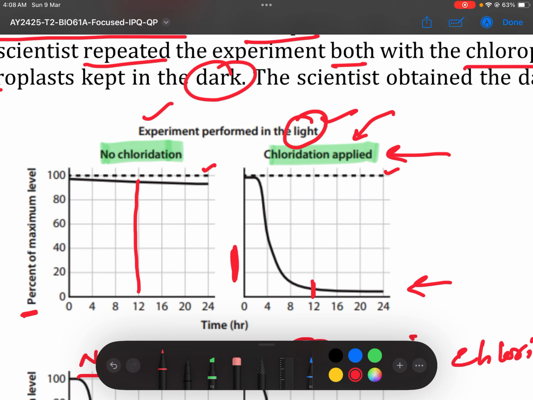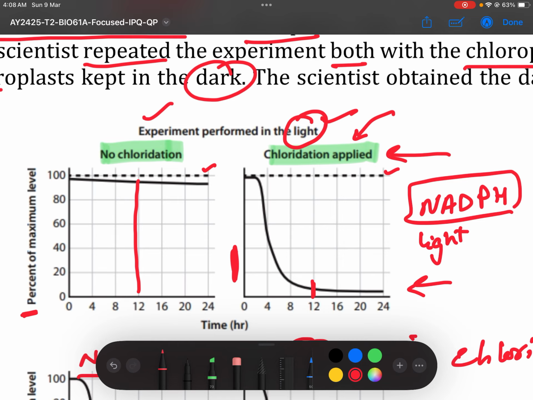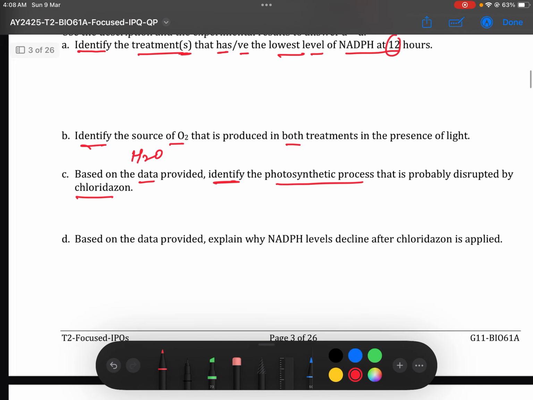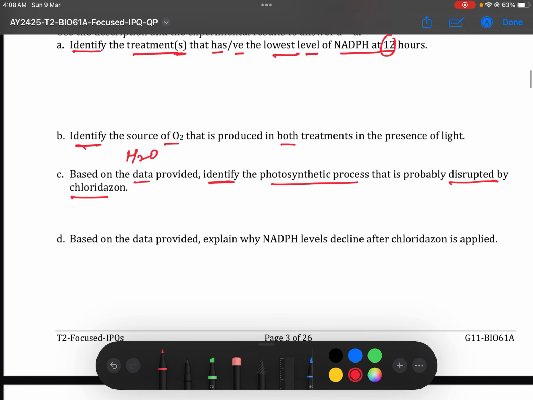the NADPH has been used. It means that NADPH is not produced. And who is producing NADPH? Of course, NADPH is the product of the light reaction. So which process has been disrupted by chloridazone? Of course you can say this is the light reaction.